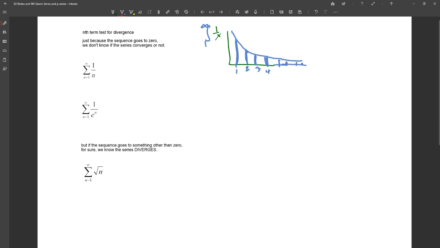Okay, now the question is, does this integral, the area under the curve here, converge or diverge from 1 to infinity? So I'm really not looking at to the left of 1 here. I'm just looking at this area right here, okay? Does it converge or diverge? And if I drew the picture for 1 over e to the x, so let's do the same thing.